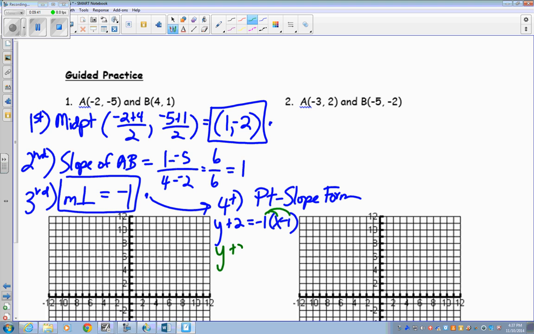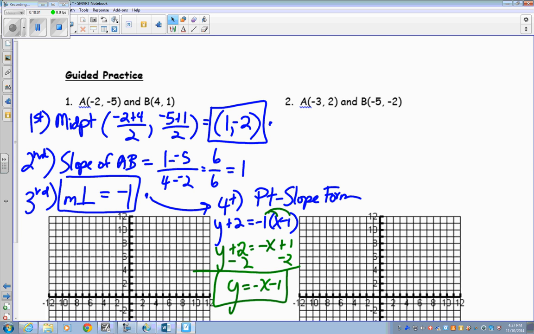So I get y plus 2 equals negative x plus 1. And then if I subtract 2 from both sides, y equals negative x minus 1. And that is my slope-intercept. So that is our guided practice for example 1.